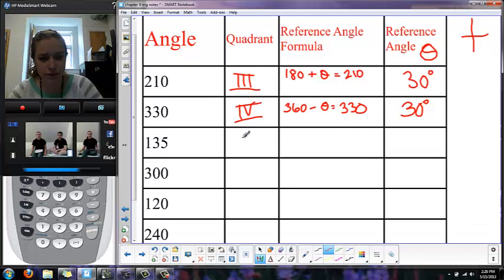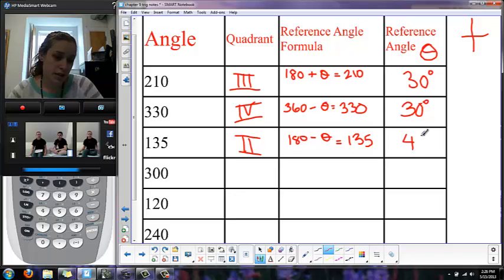Okay. 135. 135 is in the second quadrant. And the second quadrant reference angle formula is 180 minus theta. That gave me 135. So what's theta? 180 minus 45 gives me 135.